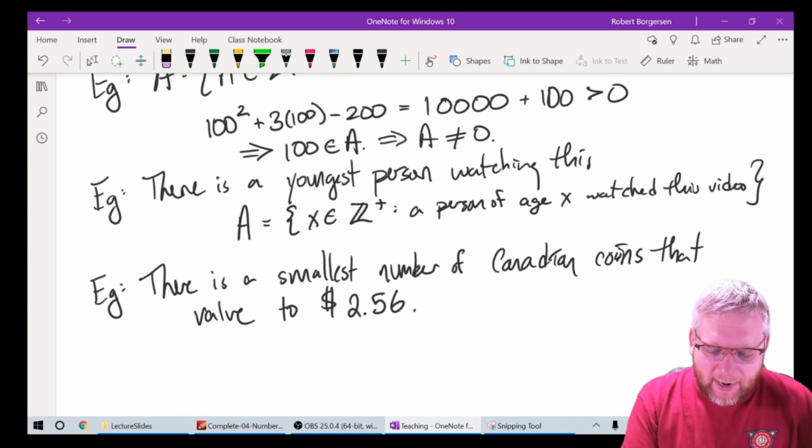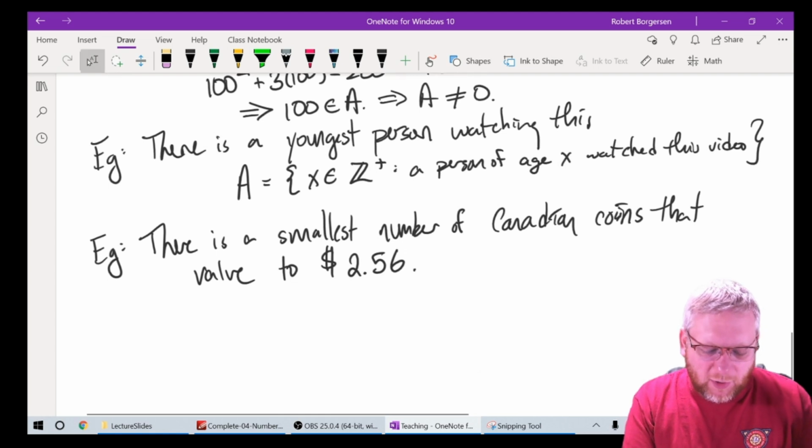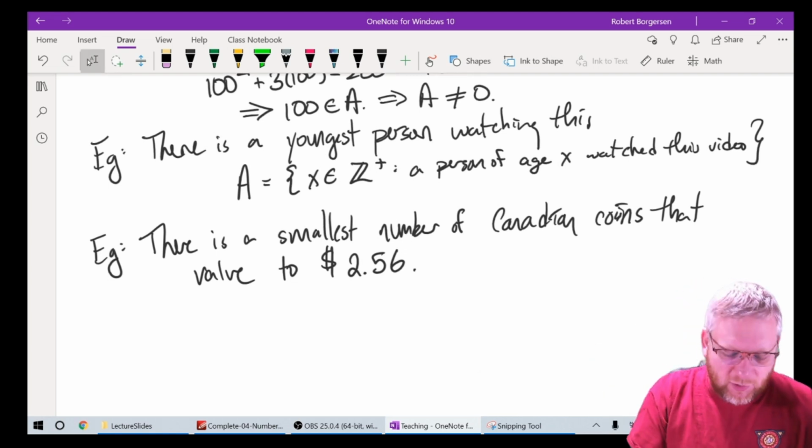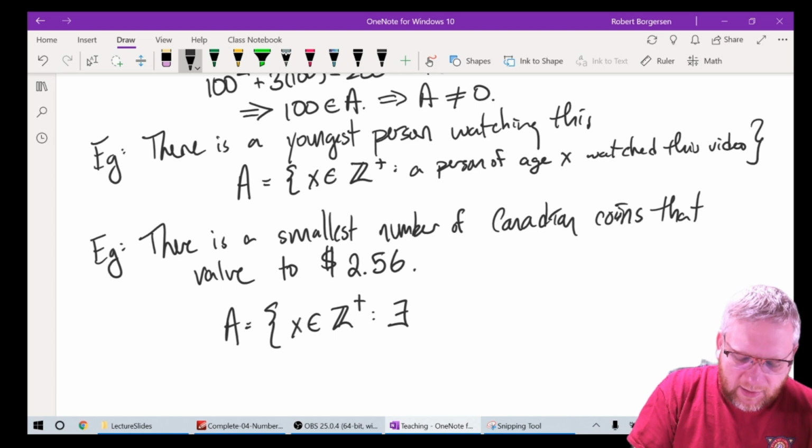And lastly, as well, there is a smallest number of Canadian coins where the value is $2.56, any value you want. Again, in that case, the set A would be the set of x in Z plus where there exist x coins that add to $2.56.